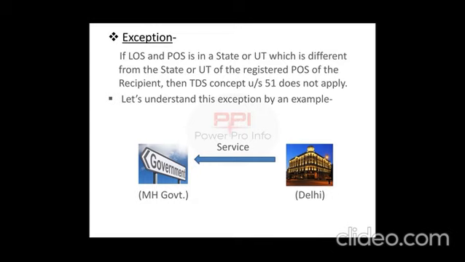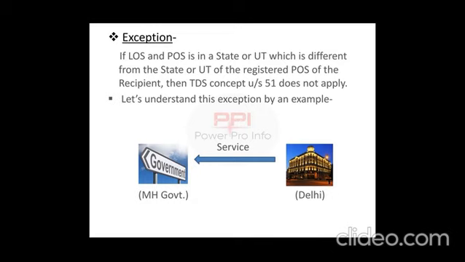If the location of the supplier and the place of supply is in a state or union territory which is different from the state or union territory of the registered place of the recipient, then the TDS concept under section 51 does not apply. I know no one understands this by merely reading the section language, so let's understand this concept by an example.